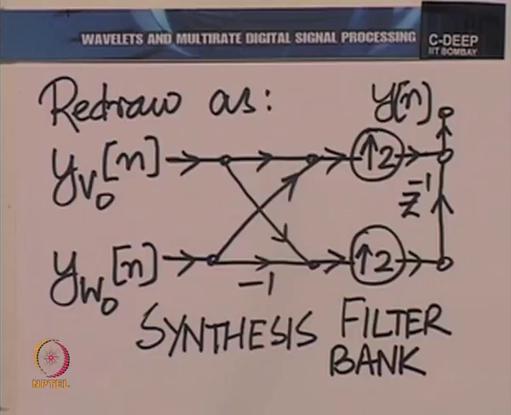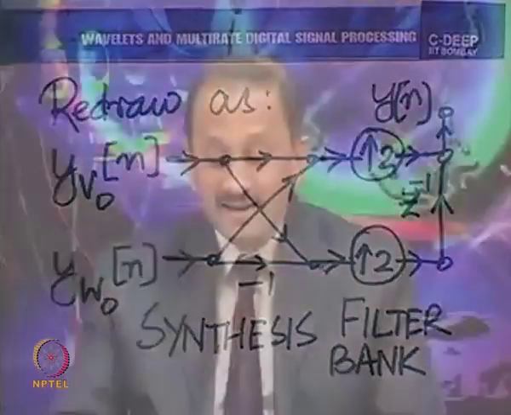It is interesting. If you notice, in the analysis filter bank, we put down the filters explicitly and then had a downsampling operation. Here we seem to have the filters implicitly.